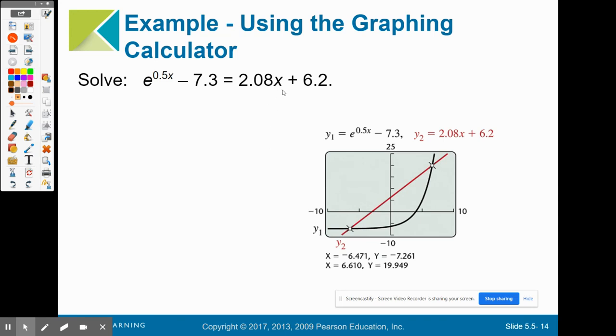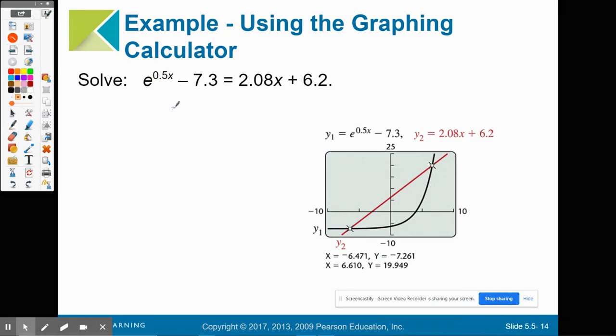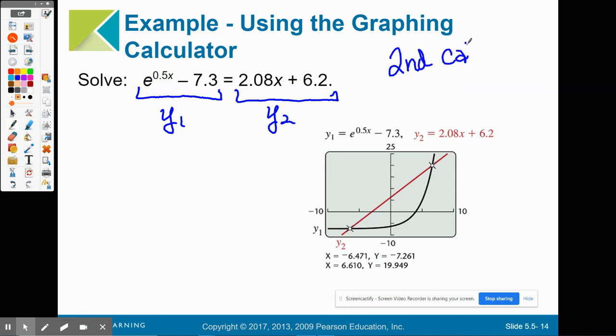Okay, they're also going to suggest that you can use your calculator to help you with these. If you have something that looks tricky and they suggest you use your calculator, all you would do is type this into your Y1 and this into your Y2. You will go to second, calculate, intersect. You'll hit enter for the first curve. You'll hit enter for the second curve.